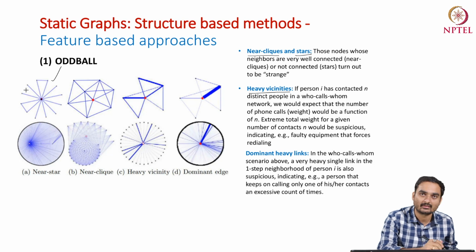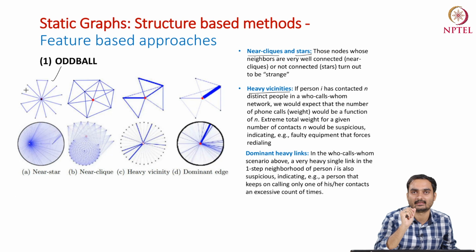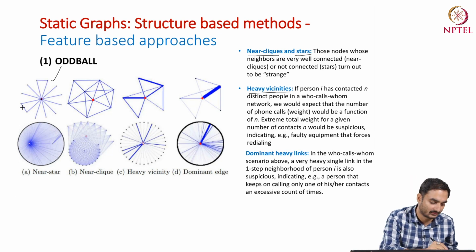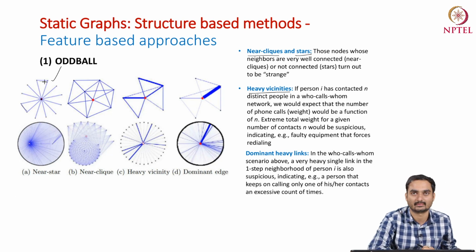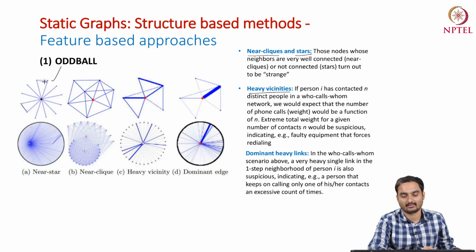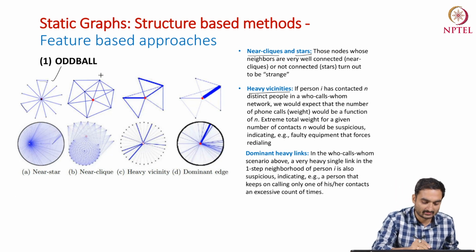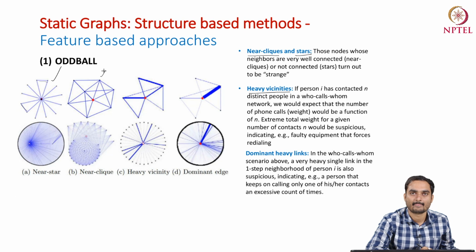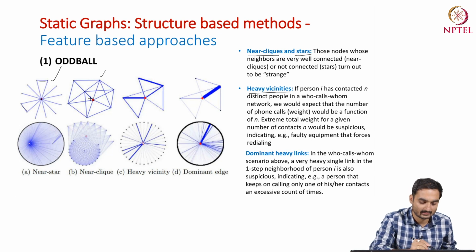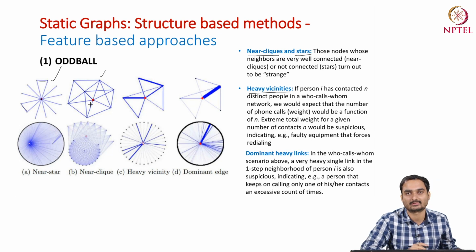This egonet looks like a star, meaning that the peripheral nodes are not connected in that sense. You see that there are only two edges among the peripheral nodes. Similarly, you see a near clique. Here this is the ego node and its neighbors, and almost all the neighbors are connected.